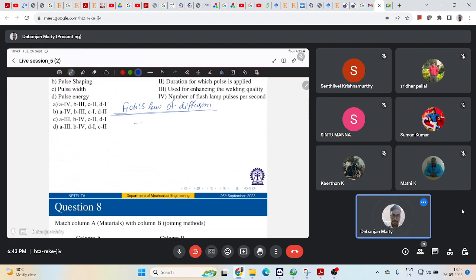What does it tell you? You have the diffusion flux, and it depends on the concentration gradient, the location-dependent concentration gradient. At some location you have more concentration, at some location you have less concentration. So diffusion will happen from more to less concentration. Here you have more concentration, here you have less concentration.